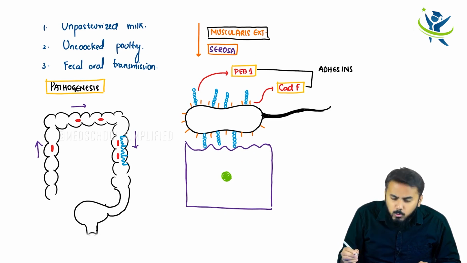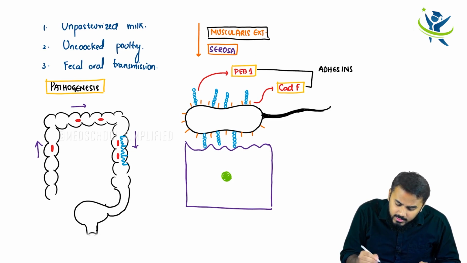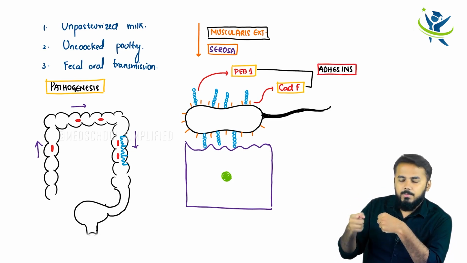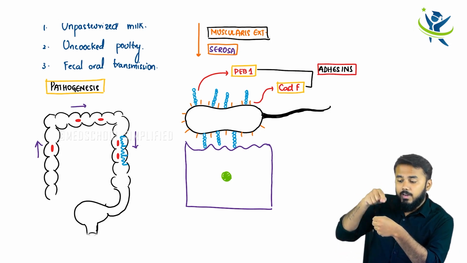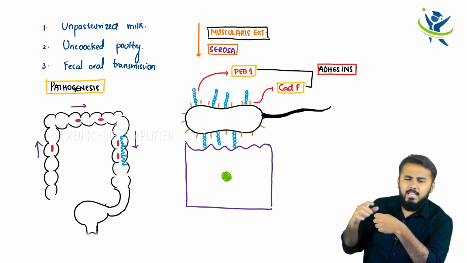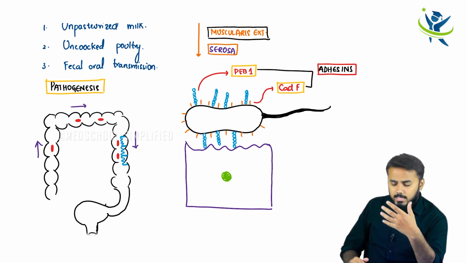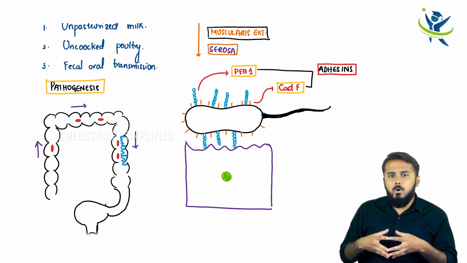So can I call these both molecules virulence factors? Yes. Any factor that is involved, for example, if someone is committing a crime, the person who is committing the crime is the culprit, and the person who has given a plan for him to commit the crime is also a culprit. Every individual who is involved in that crime is a culprit. The same thing: everything that is bad happening to your body.